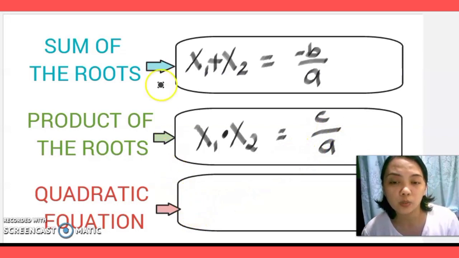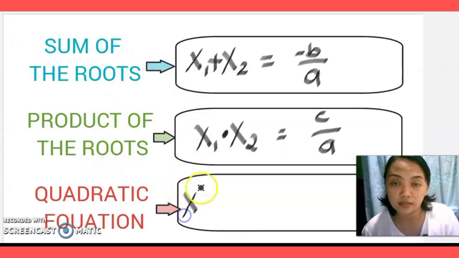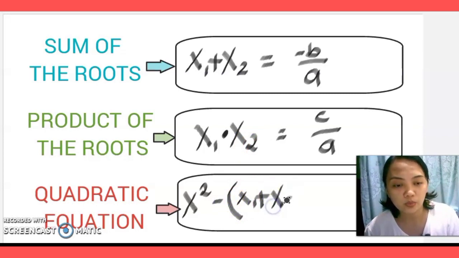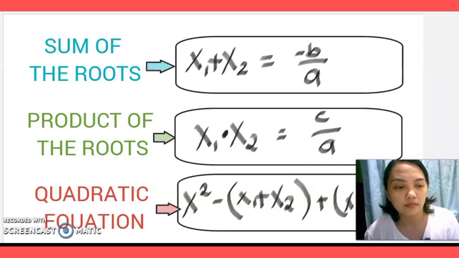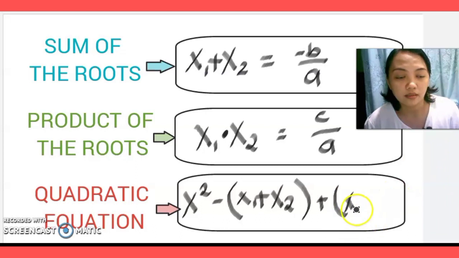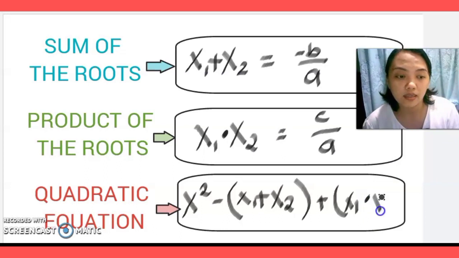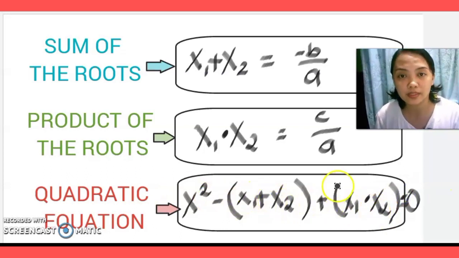So, if we are going to use the sum and the product of the roots, we will come up with this quadratic equation: x squared minus the sum, x sub 1 plus x sub 2, x plus x sub 1 times x sub 2 equals 0. So, yan yung gagamitin natin.